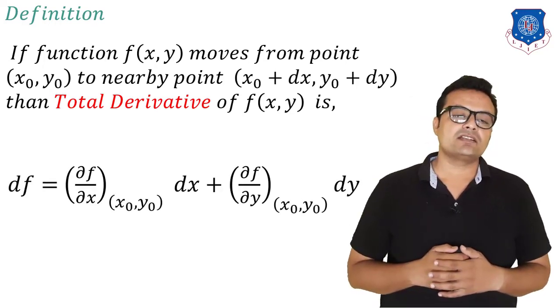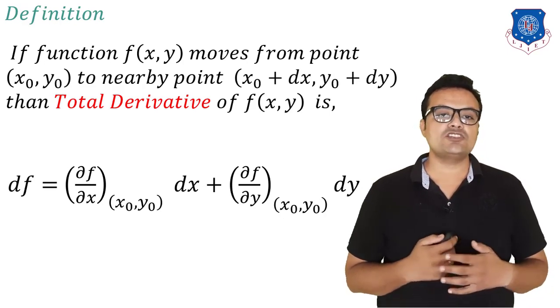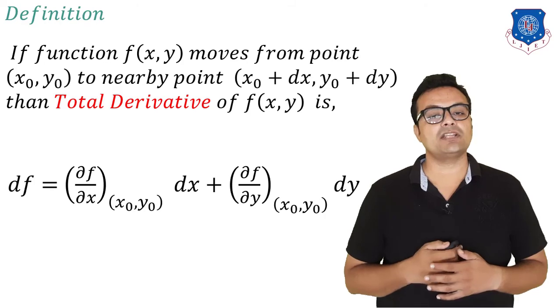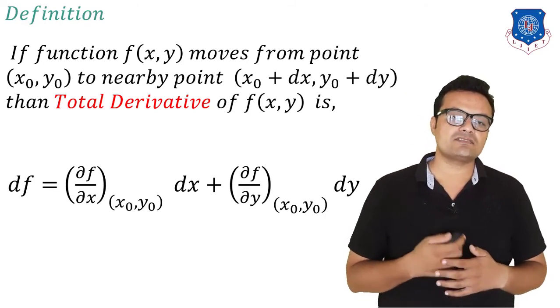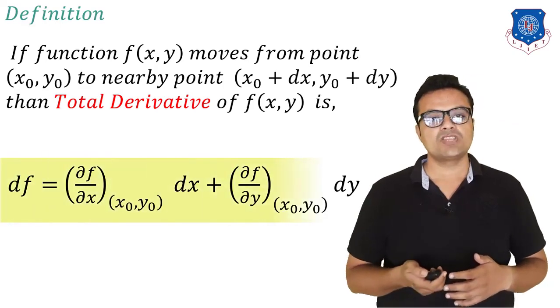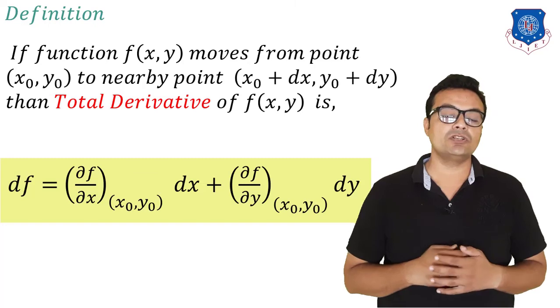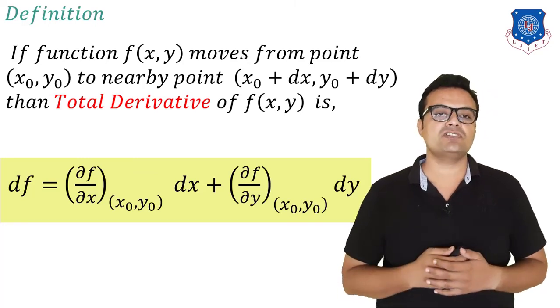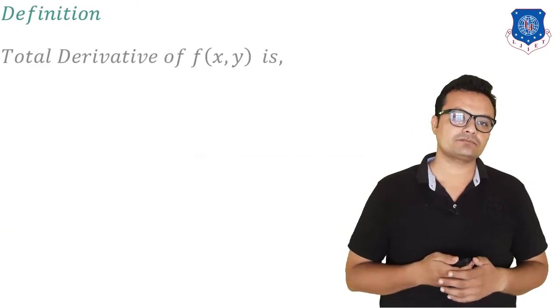It is denoted by df and it is defined by del f by del x into dx plus del f by del y into dy, where partial derivatives are considered at point x0, y0. So this is the definition which is known as total derivative. We will not go into the derivation of this definition at this particular point. You should remember this formula.